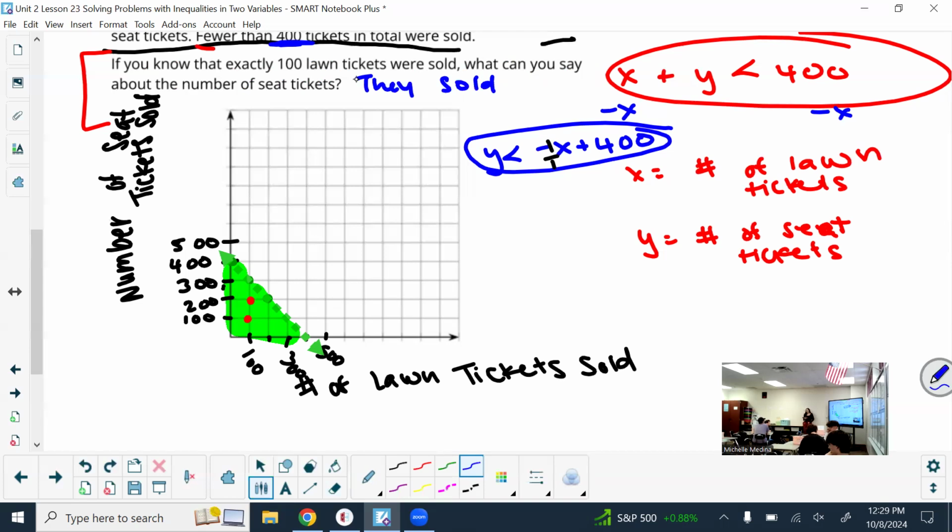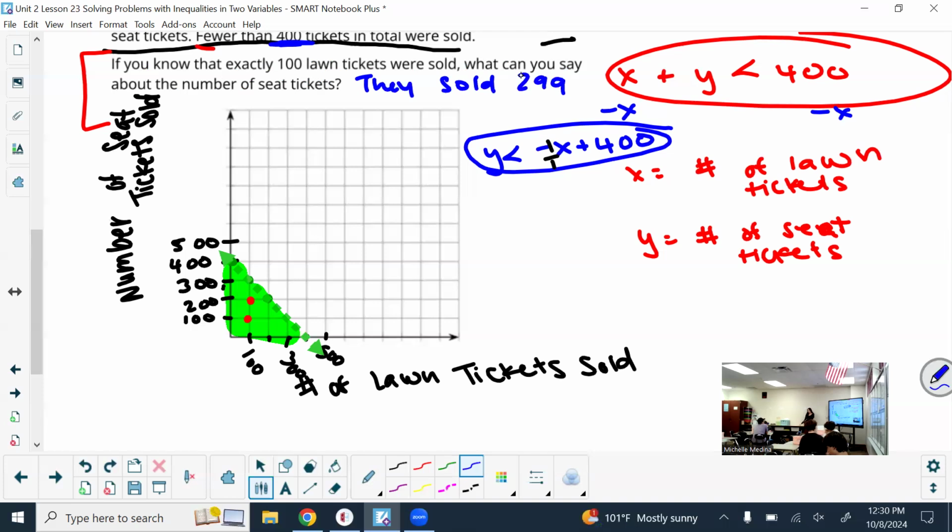I'm asking all of you. So we know they sold fewer than 400. If 100 of them were lawn tickets, then they sold how many seat tickets at most? Sorry, one more time. Technically 299. Because it's fewer than 400.